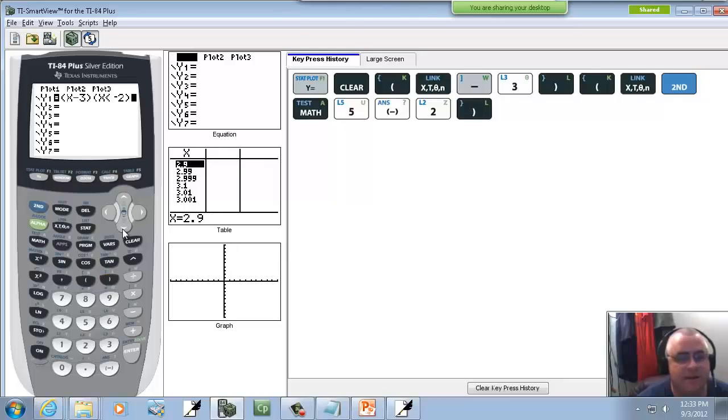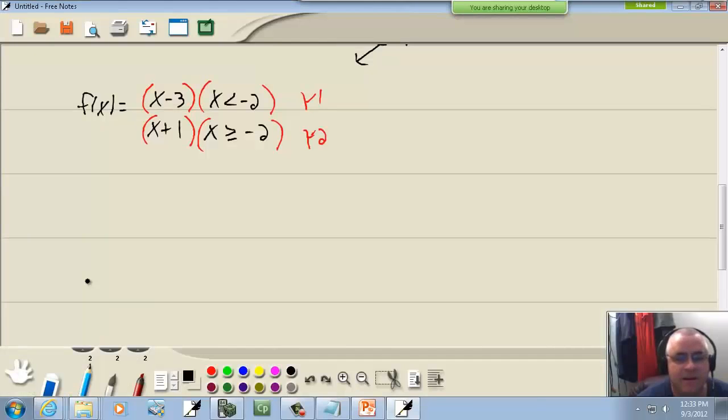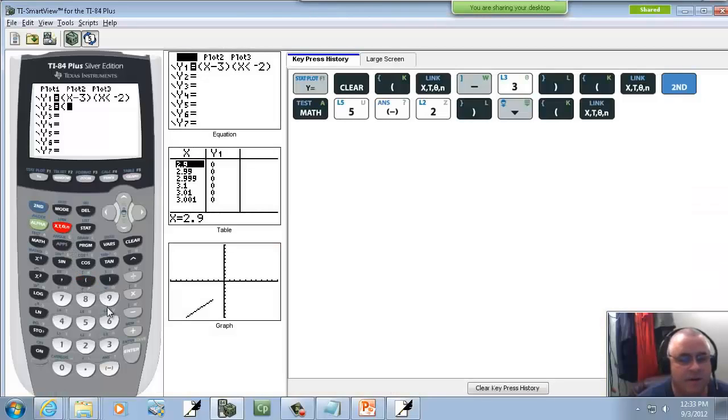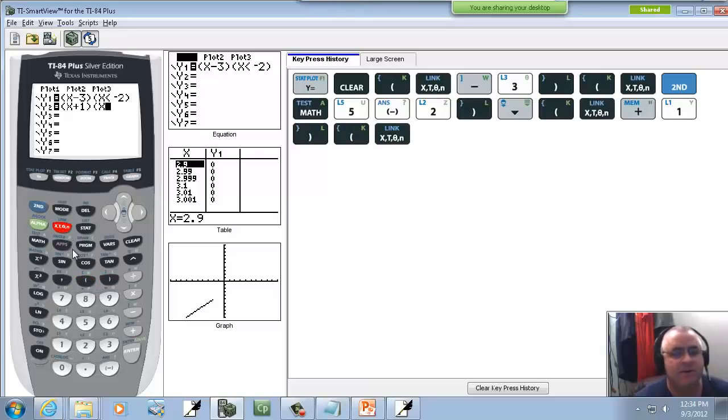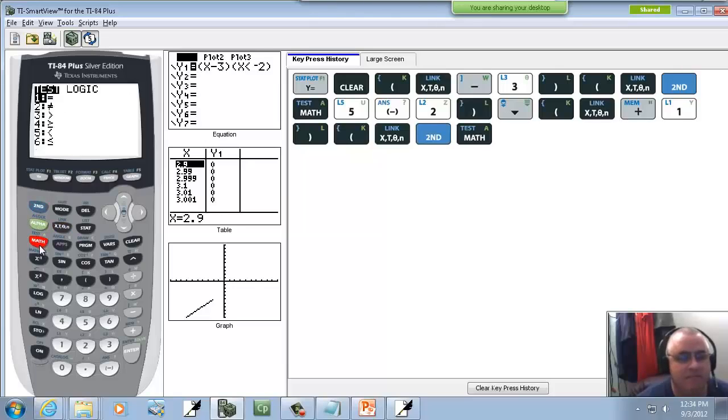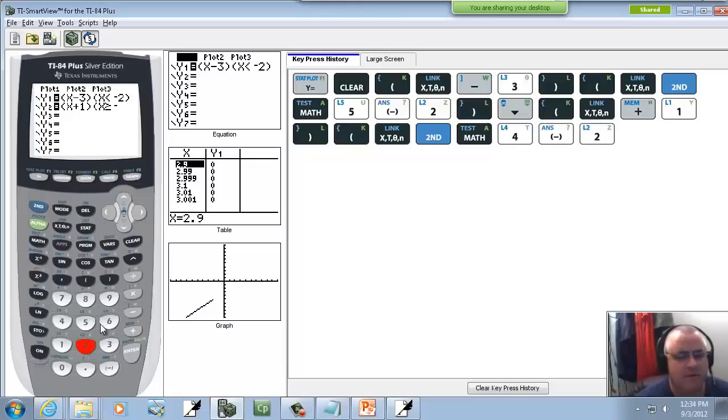Then I'm going to do a down arrow and do a beginning parentheses, x plus 1, close parentheses, beginning parentheses, x, and this is greater than or equal to. So I go in the test menu again. So I do second math. Greater than or equal to, well, my eyes are bad, I think that's 4. And then I'll put in a negative 2. Close parentheses. And then graph.